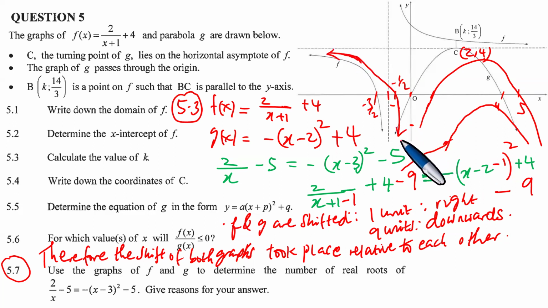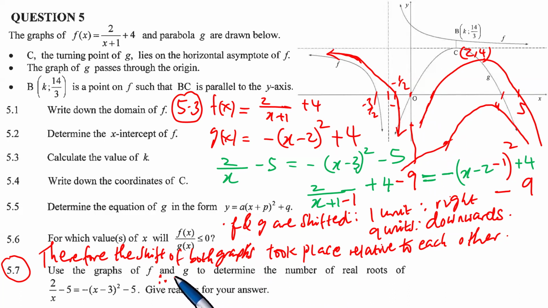And as it still does this, there are a couple of things that remain very important. And it is the fact that these graphs will still, because this one is going to have its asymptote as the y-axis, still intersect in the third quadrant. So we need to mention that part. So this means, therefore, you now determine the number of real roots.